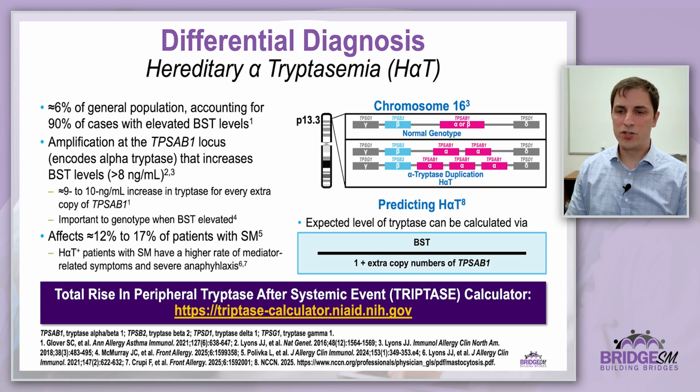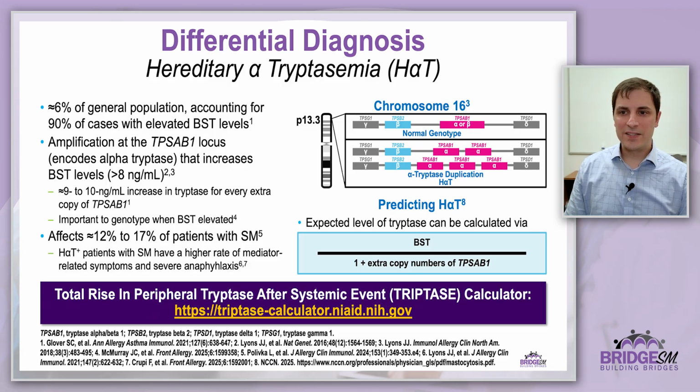Okay, within the differential diagnosis is hereditary alpha-tryptasemia. This is important too. I find the immunologists are pretty well versed with alpha-tryptasemia, but outside immunology, particularly dermatology, oncology, are not as well versed in this. So what is alpha-tryptasemia? Alpha-tryptasemia is a genetic trait. It is not a disease. It is present in about 5 to 7% of the United States and Western European populations.